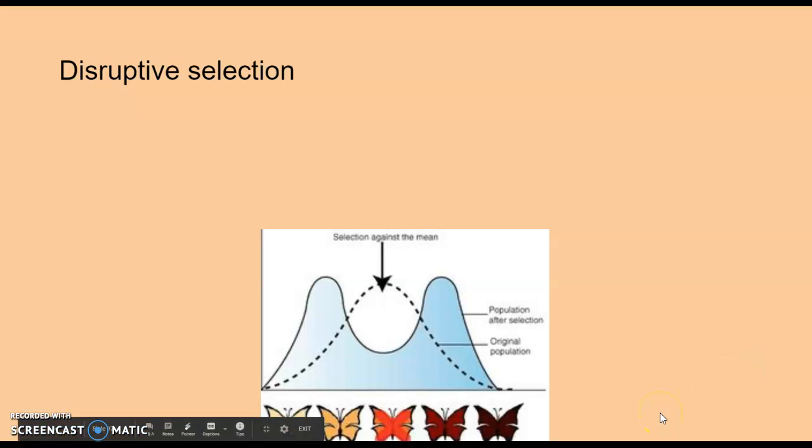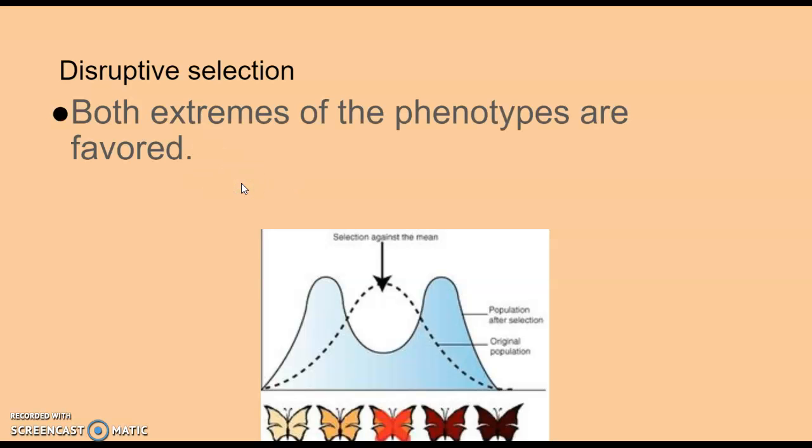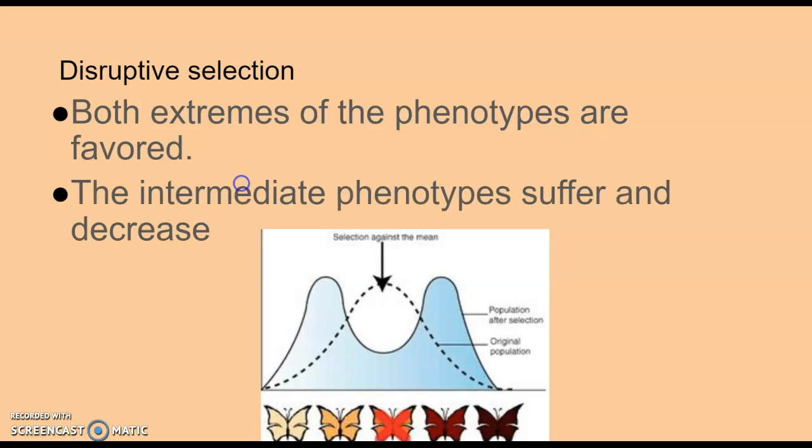And then I have disruptive. Think of disruptive as there's a big change. It's affecting kind of the whole shape of this graph. So this is where both extremes of the phenotype are favored. The intermediate one, the middle one, starts to suffer. Again, my dotted line is my original here.